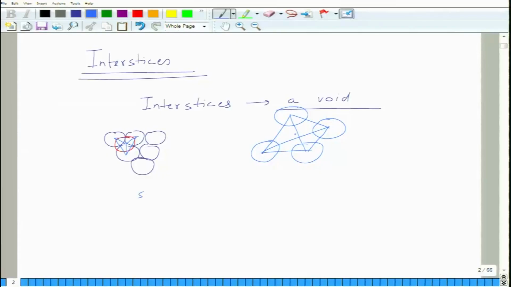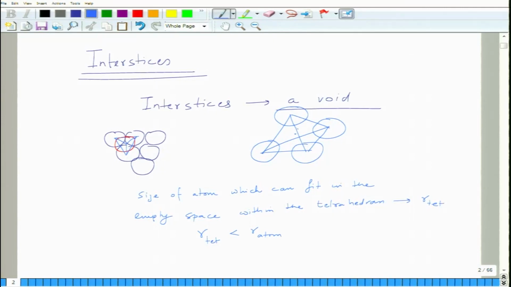The size of the atom which can fit in the empty space within the tetrahedron is called R tet, let us say, and this R tet is much smaller than R, the radius of the host atom. We'll see what this size is.